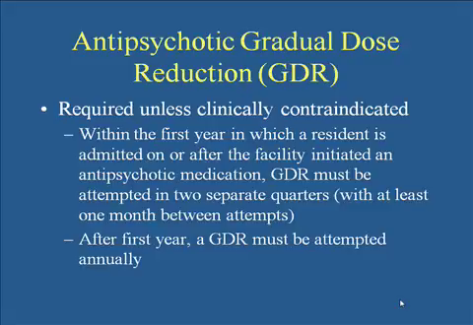So this has kind of been interpreted to mean approximately every 6 months, maybe every 4 months, but they have to be in separate quarters, like first quarter of the year, second or third quarter, and we have to wait a month between attempts. After one year of this, we need to continue this gradual dose reduction, and we need to try that at least annually.